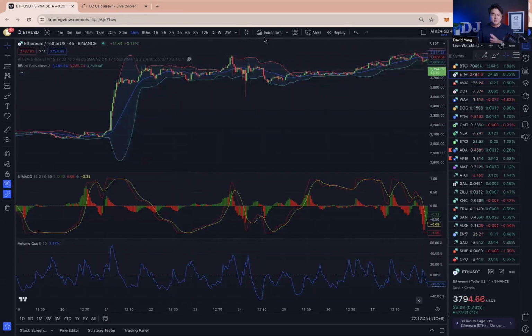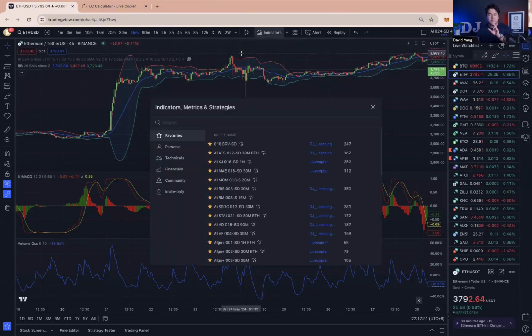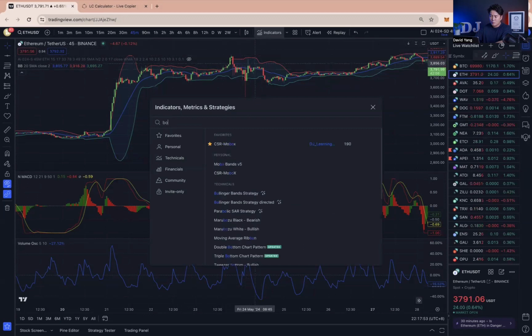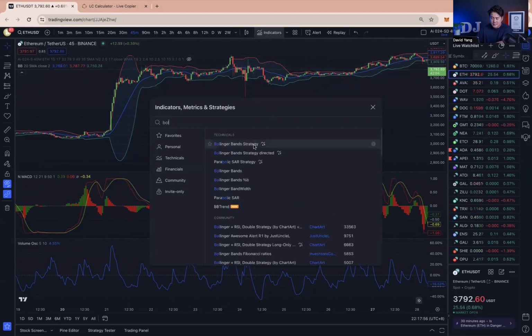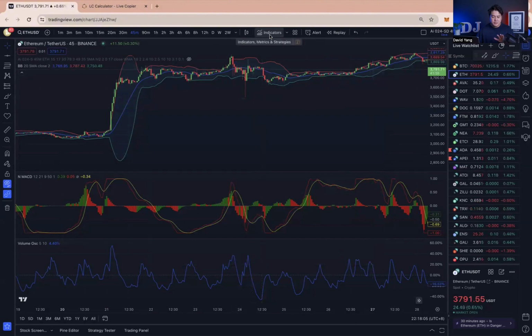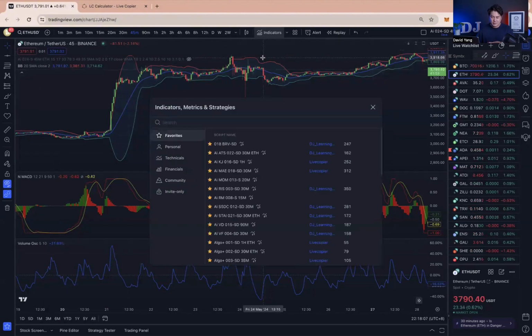This strategy uses three indicators. The first indicator is a very common indicator. It is called Bollinger Bands. You just type BOL, Bollinger Bands. A very simple technical analysis that everyone used before. Secondly, I'm using a volume oscillator.